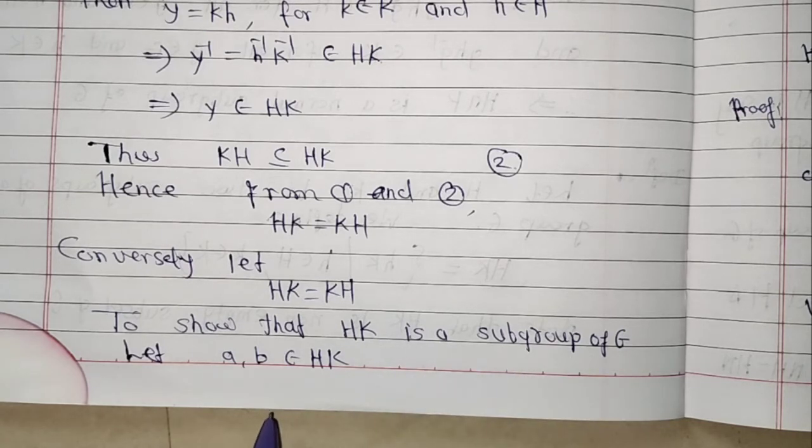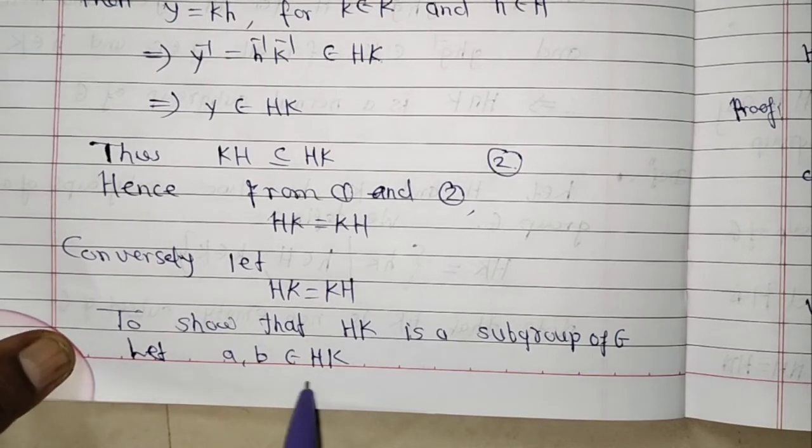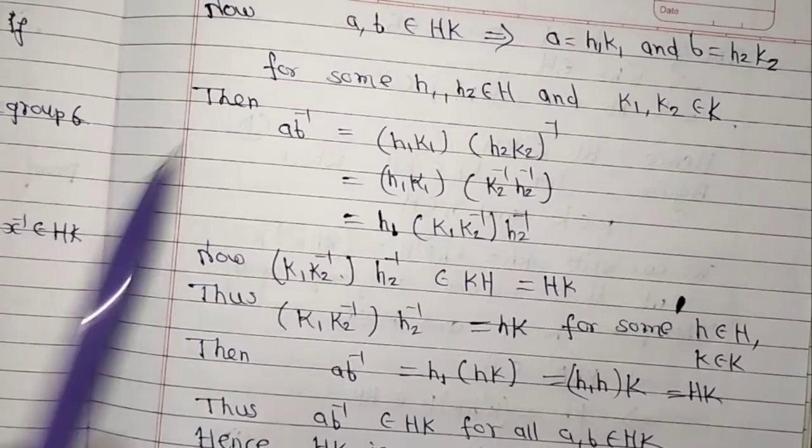To prove this, let us assume that a, b belongs to HK.